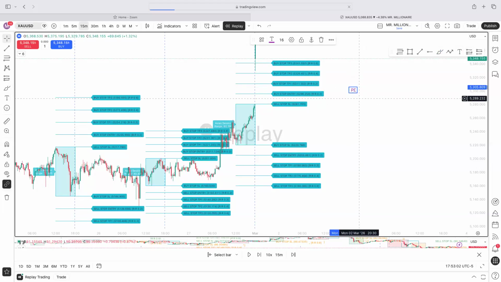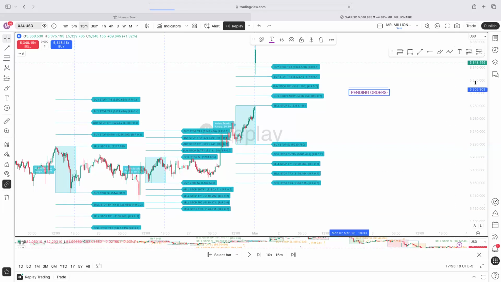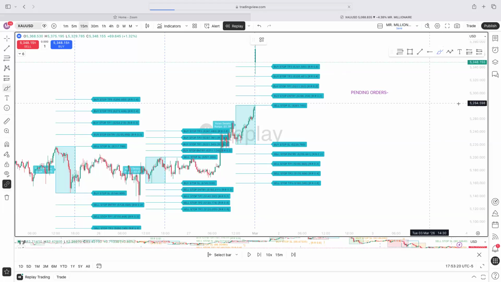Pending orders means the market doesn't necessarily put you into a trade immediately. It allows you to wait until certain prices, which are to the right over here, just put a line. These are certain prices over here.